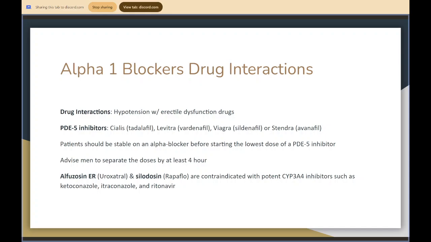We advise patients to separate the doses by at least 4 hours. Now, alfuzosin, which is Uroxatral, extended release, and silodosin, which is Rapaflo, this is contraindicated with potent 3A4 inhibitors such as ketoconazole, itraconazole, and ritonavir. So if you answered phosphodiesterase, I commend you. Great job.